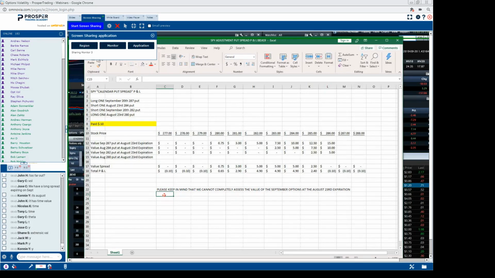Therefore, the values that we are calculating will be worst case scenario, which is a good thing for us, right? That's a good thing for us. So we would be evaluating this as if the September options would have no time value or extrinsic value left. That will be a good thing for us.